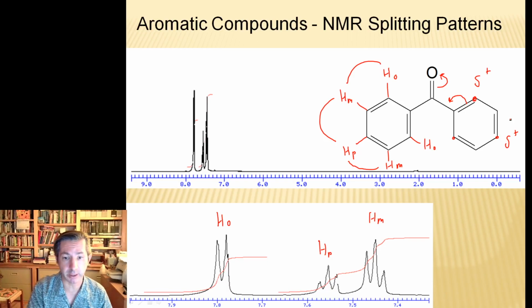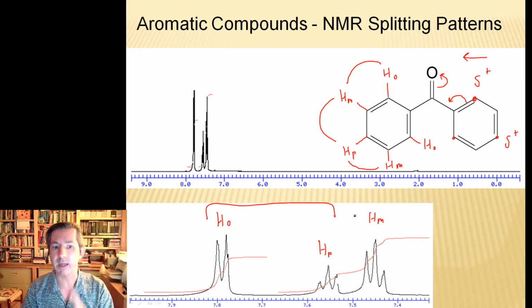De-shielded signals appear to the left. So the ortho and para are the most downfield signals. The only place where we cannot put a positive charge in any of these resonance structures is on the meta position. He's our most upfield signal in the aromatic region. So that resonance will actually tell you which hydrogen belongs to which signal.